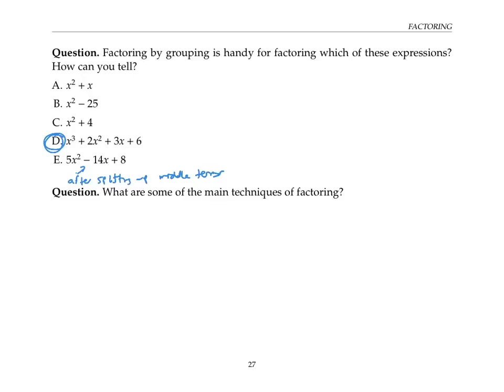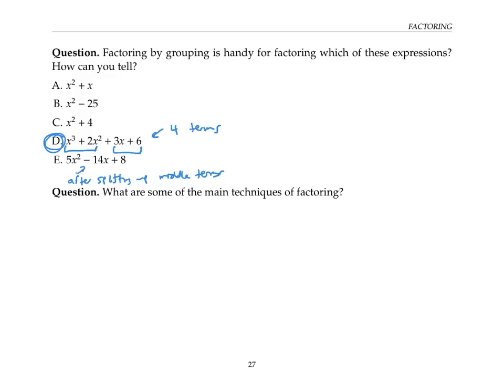There's an easy way to tell that it might be a candidate, and that's that it has 4 terms. So if you see 4 terms, or in the case of the quadratic, you can split it up into 4 terms, then that's a good candidate for factoring by grouping, because you can group the first 2 terms, group the second 2 terms. Factoring by grouping won't always work on expressions with 4 terms, but that's like the first thing to look for.